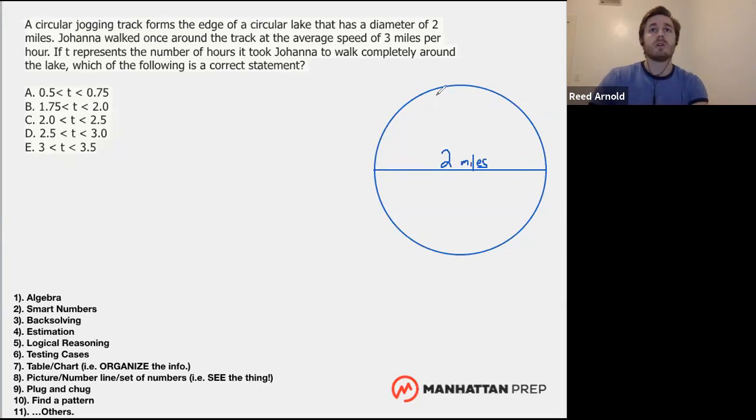And we know Johanna walked once around the track. So here's Johanna at 3 miles per hour. And she went once around the thing. And her time was T.